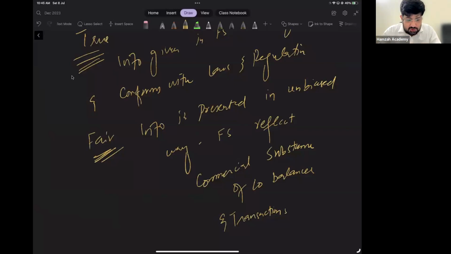Okay, now, students, I hope it is clear. Is it clear? Is true and fair clear to everyone? Tell me, please. Is it clear to everyone? Right.